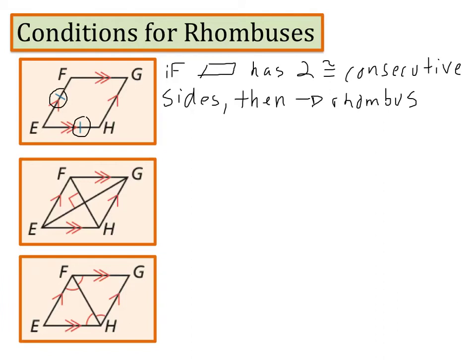For our second diagram, here we have diagonals that intersect and create a 90-degree angle.